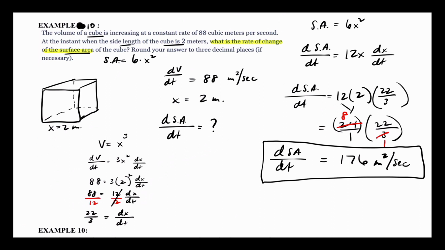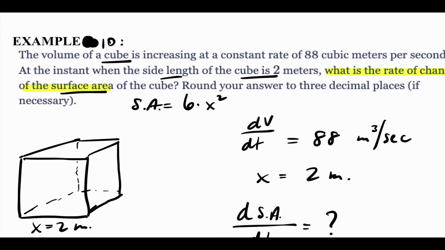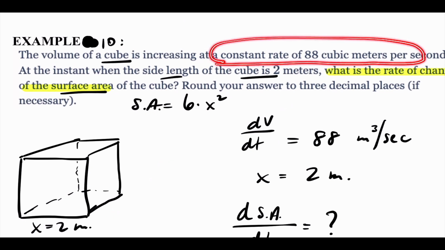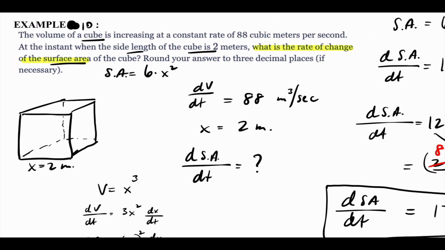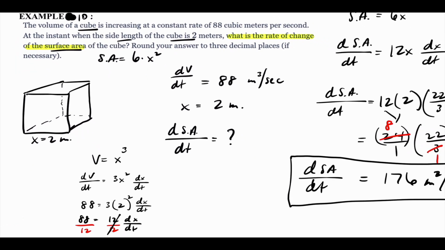Always double check, because they don't do it a lot, but on some questions they'll say this number is in centimeters and this number is in meters. Sometimes they'll throw that little wrench in there and say one's in inches and one's in feet, so before we do any math, we have to convert them to make them the same. But luckily they're all meters, so we're good.